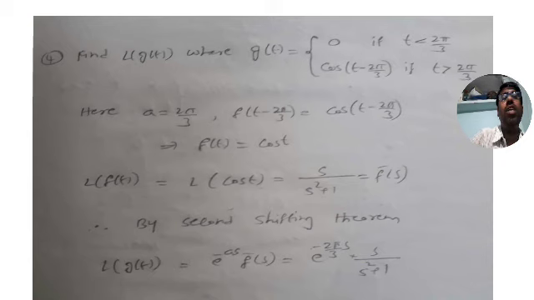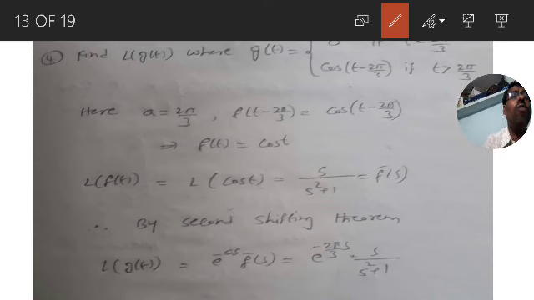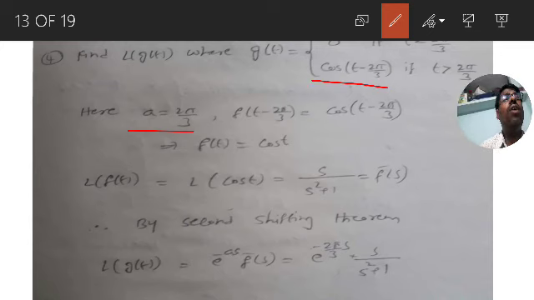Find L of g of t, where g of t is 0 if t is less than 2 pi by 3, and for t greater than 2 pi by 3, it is cos of t minus 2 pi by 3. Comparing t less than 2 pi by 3 and t greater than 2 pi by 3, instead of a we have 2 pi by 3, and instead of f of t minus a we have cos of t minus 2 pi by 3.